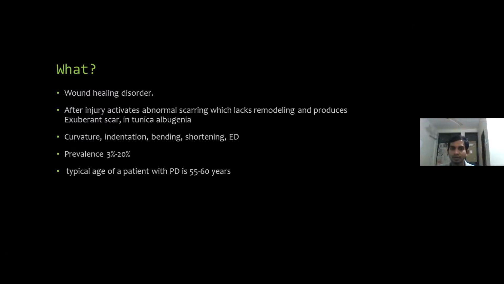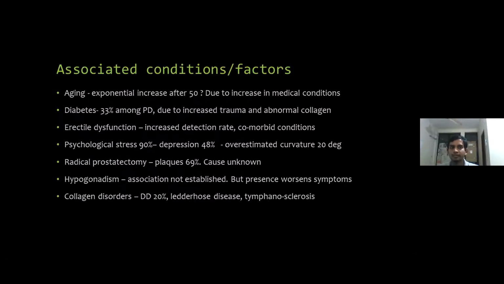And Peyronie's disease is associated with several conditions. Mainly, one thing is aging. After 30 years, there is a gradual increment of Peyronie's disease prevalence, but when you come to the 5th decade, there's a drastic increase in the prevalence.